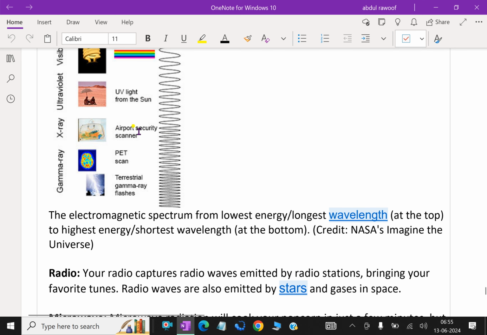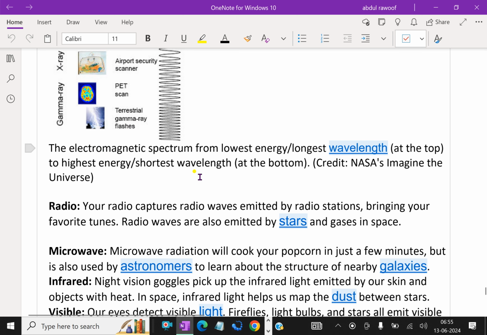Then the X-ray range, and gamma rays have very short wavelengths but higher frequencies. The electromagnetic spectrum goes from lowest energy, longest wavelength at the top, to highest energy, shortest wavelength at the bottom.